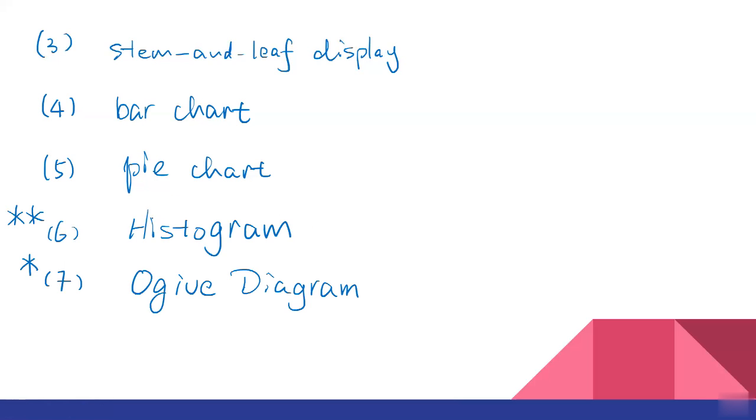Histogram describes the distribution of one-dimensional data, and we can use frequency and relative frequency as the vertical axis. Ogive diagram displays the cumulative relative frequency of the data, so we use cumulative relative frequency as the vertical axis. These are the most important parts in this unit.